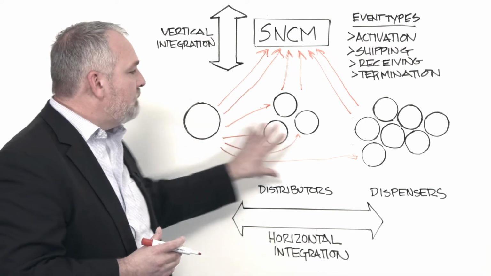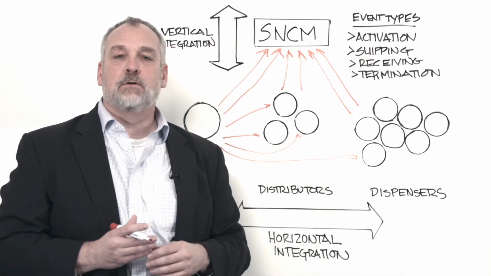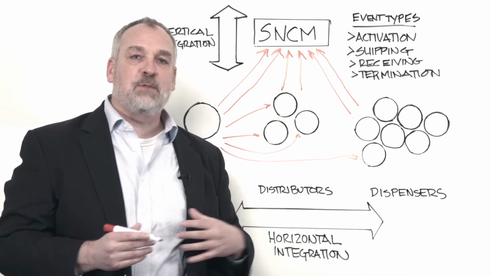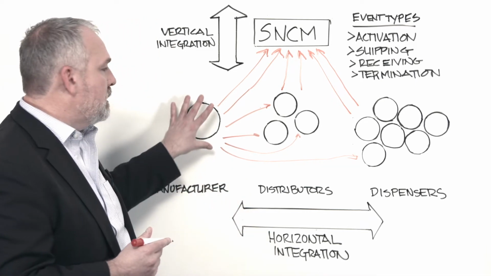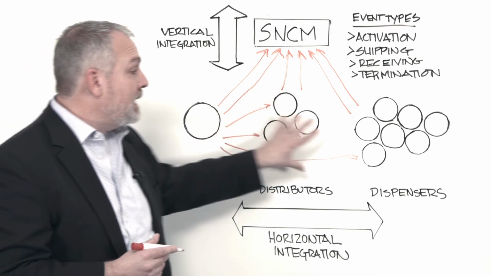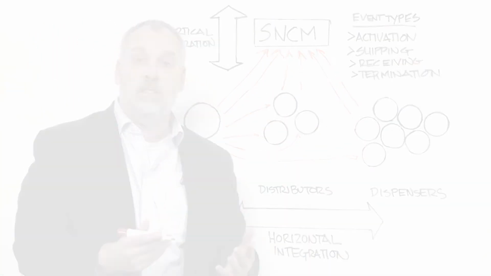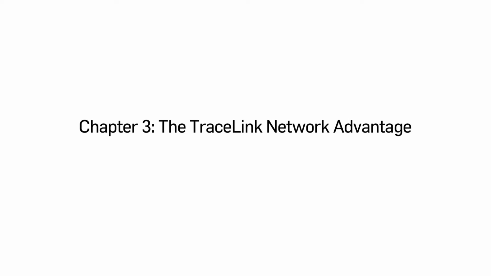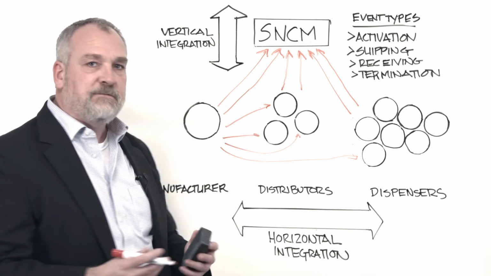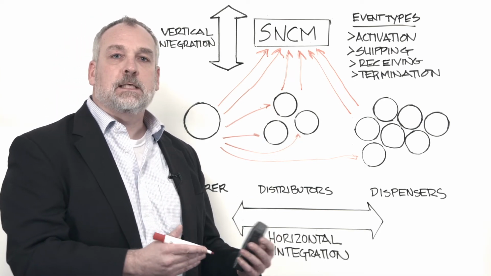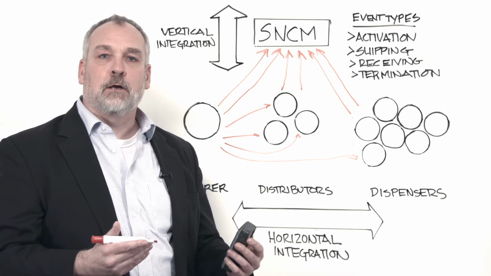And the way this is typically done today is through a series of point-to-point integrations. And that becomes quite difficult for the manufacturer and anyone else in the supply chain in order to manage that. And so what TraceLink's done in recognition of this is we've developed our network model, which is an integrate once, interoperate with everyone model.